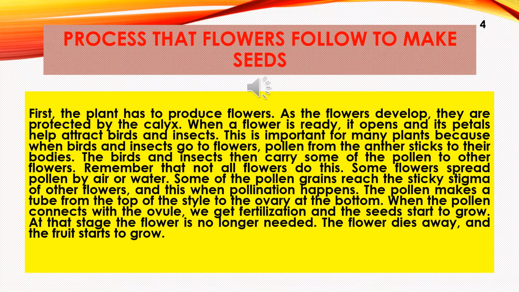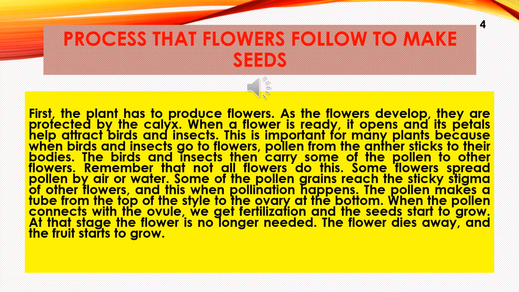Now, the conclusion is the following, or the process is the following. First, the calyx protects the flower before it's open. The next one, the flower opens. The next step in the process is that the petals help attract insects and birds.